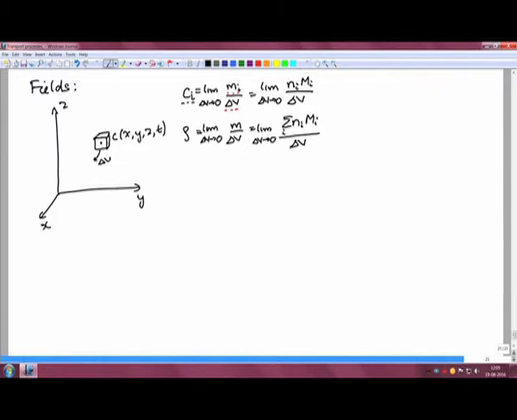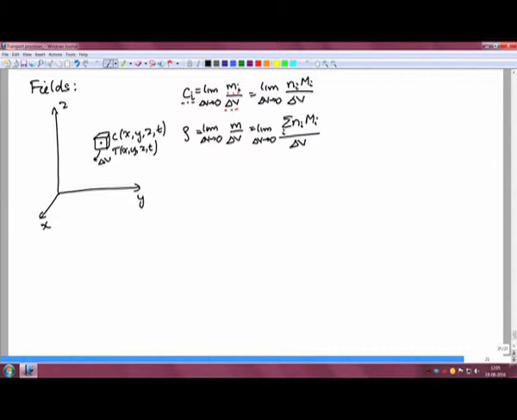Now, for heat transfer, we have to define the temperature field. Note that this is a function of position, it could also be a function of time. And once again, this is defined through the energy density.